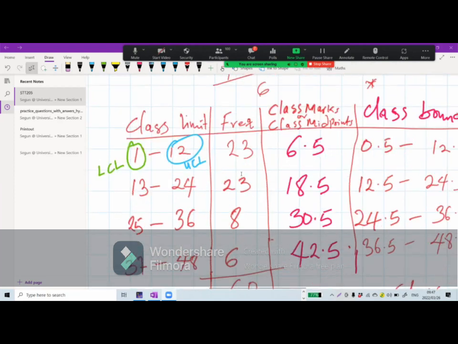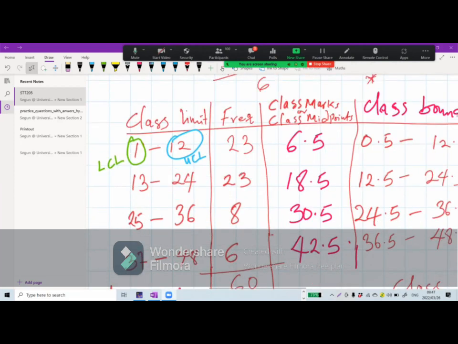The first frequency in this case is this one, 23. Now, the 23 must be divided by the total frequency. That is what the law says.